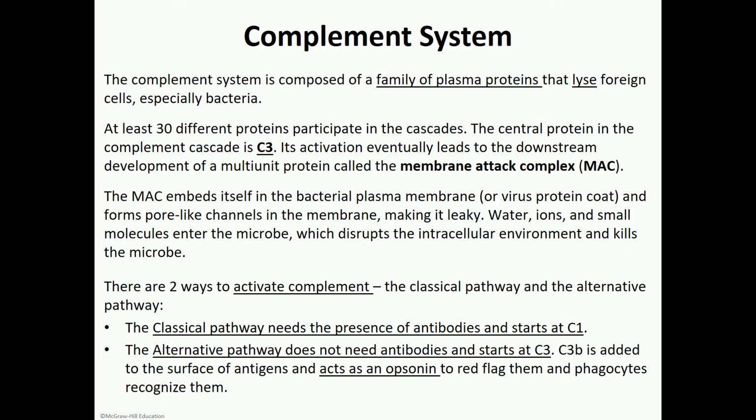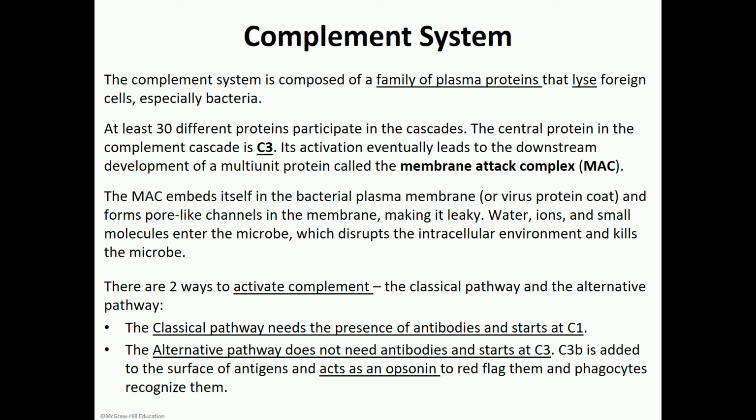It'll drill holes into that membrane, so make these pore-like channels in the membrane. Now that you've destroyed their membranes, well, they're going to leak all of their contents out. Water and ions and everything will leak into the cell. So it pretty much damaged the cell. You've killed that cell, killed the microbe.